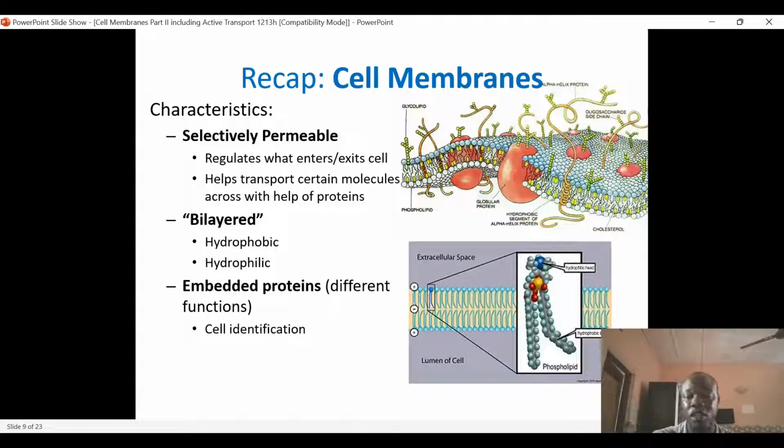Cell identification. What does that mean? We have different cells. So how does one cell identify its own cell or the same type of cell? There is growth, there is development. Mitosis generally takes place, so many cells are dividing.